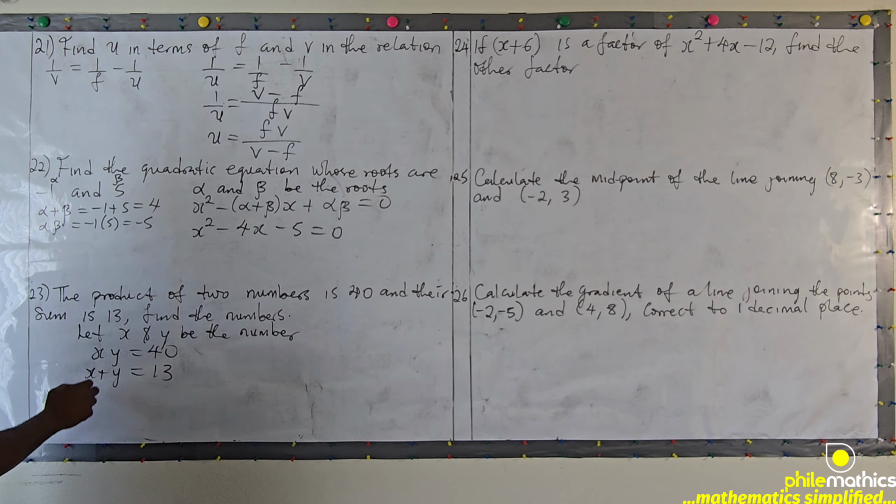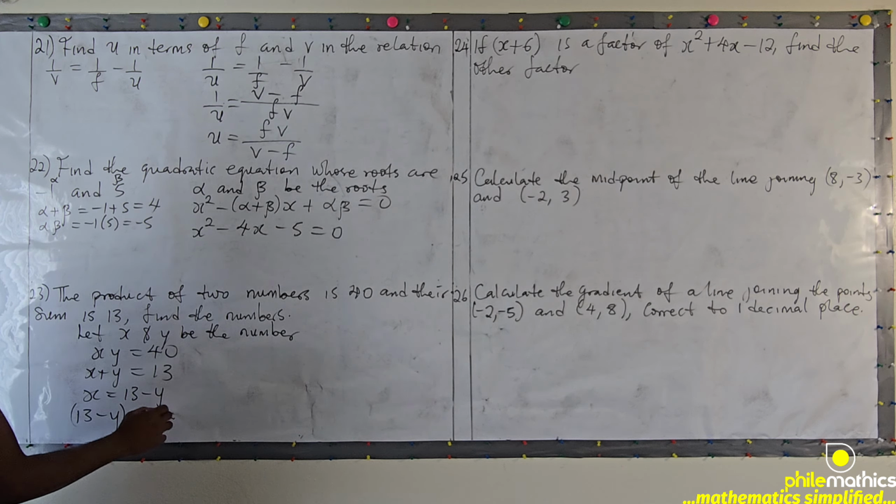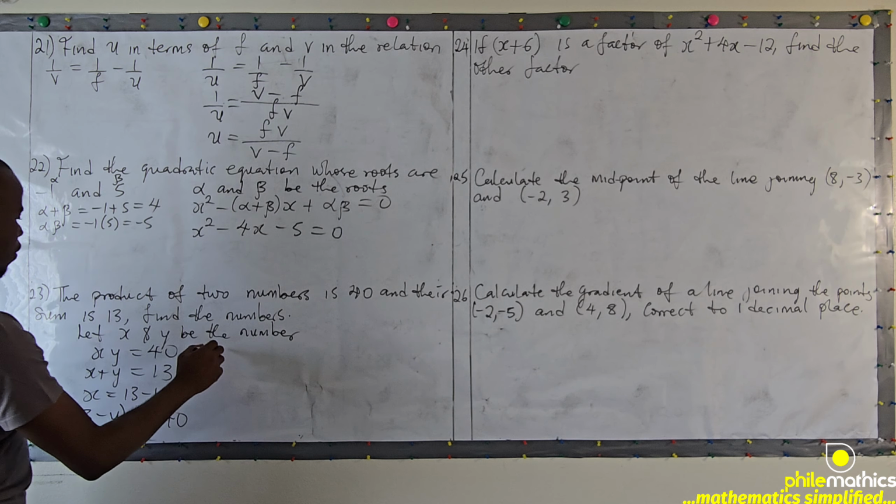I can substitute. If I make x the subject of the formula here, I can have 13 minus y. I can put it in place of x so that I'll have 13 minus y times y equals 40.